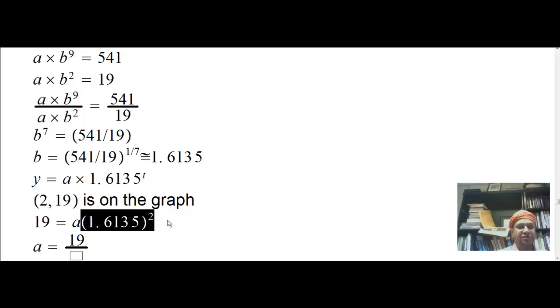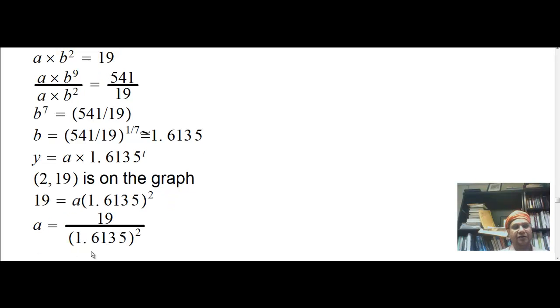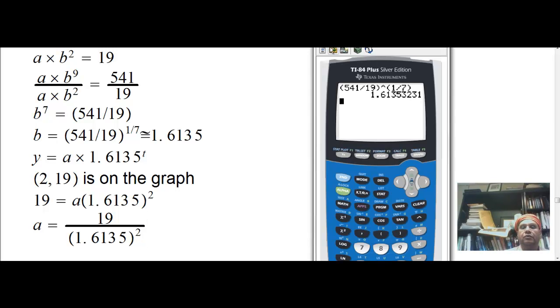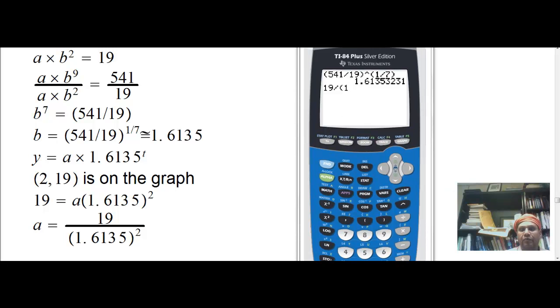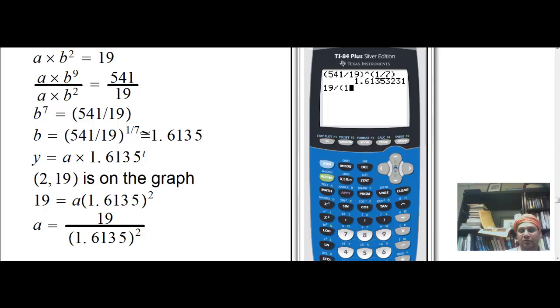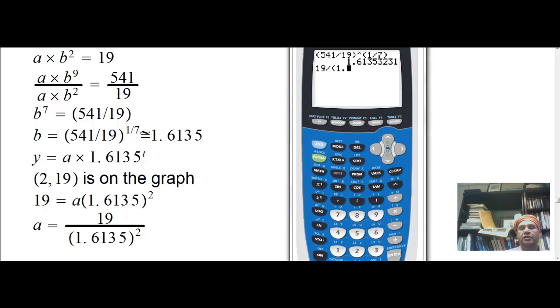Since we are using a calculator, I'm just going to let the calculator handle the whole thing. So we have 19 divided by 1.6135 squared.